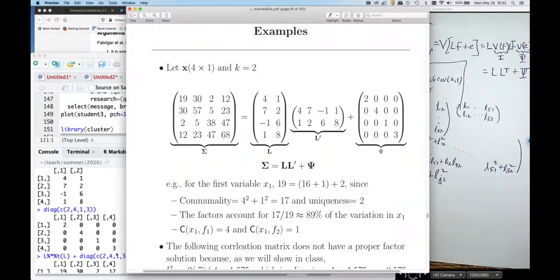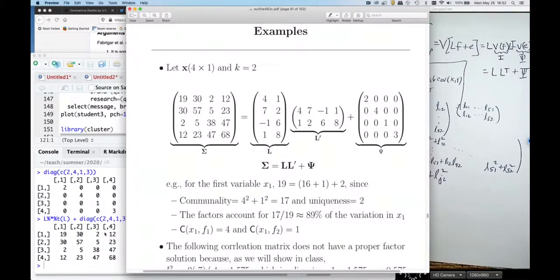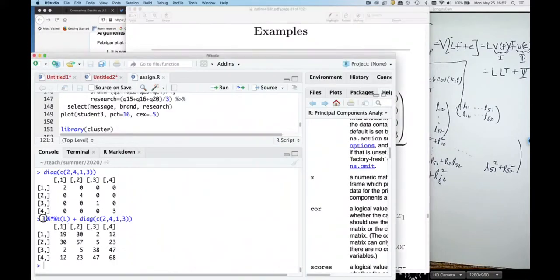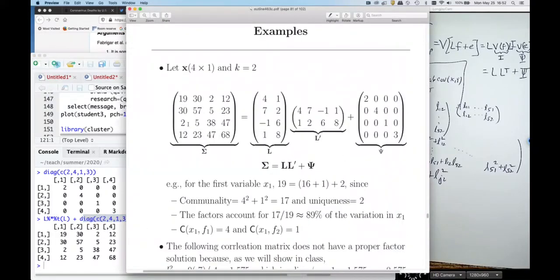And let's just compute this formula that we derived on the previous page. If I take L times L transpose plus this diagonal matrix, so this is going to be a 4×2 times a 2×4, which gives us a 4×4 quantity. And this diagonal is obviously 4×4 as well. And notice we have just reproduced the original matrix.